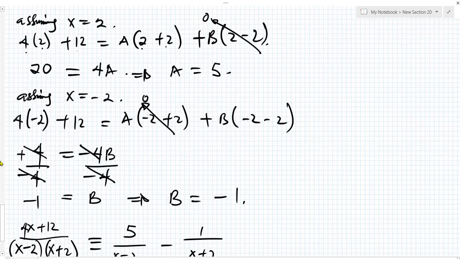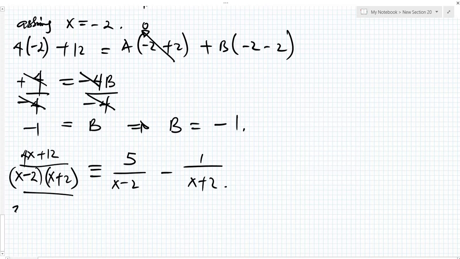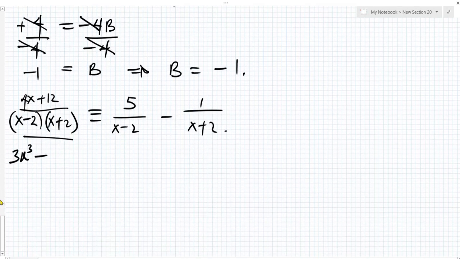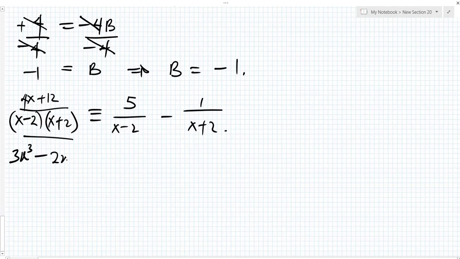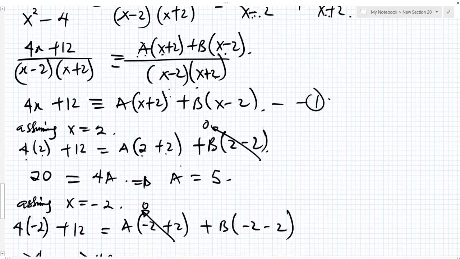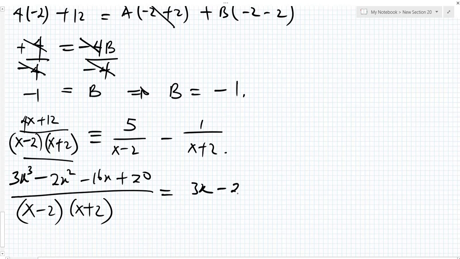Now we have 3x cubed minus 2x squared minus 16x plus 20 all over x minus 2 times x plus 2 will be equal to 3x minus 2 minus bracket open.